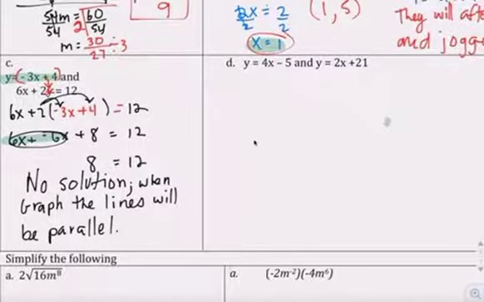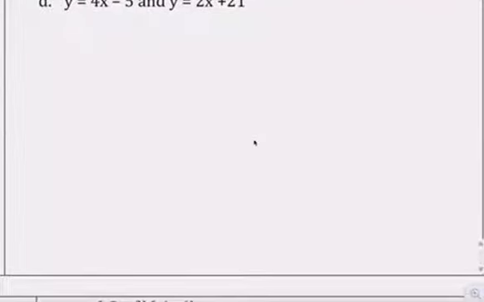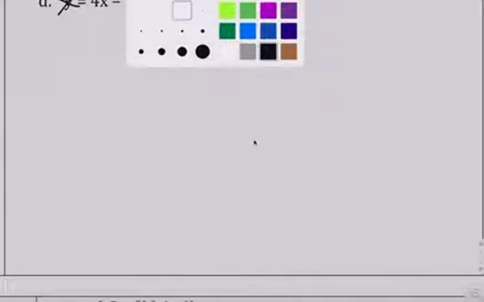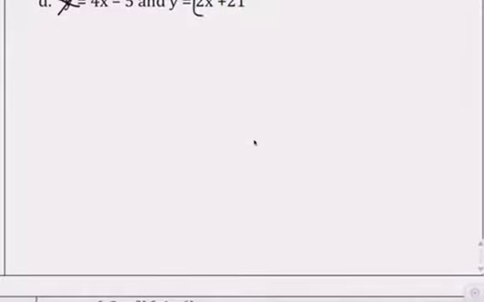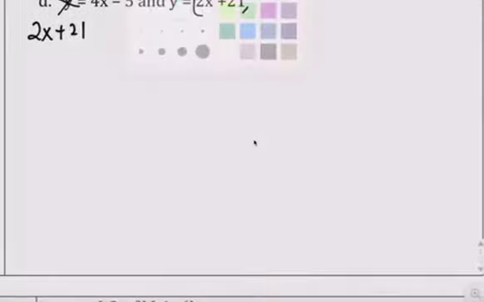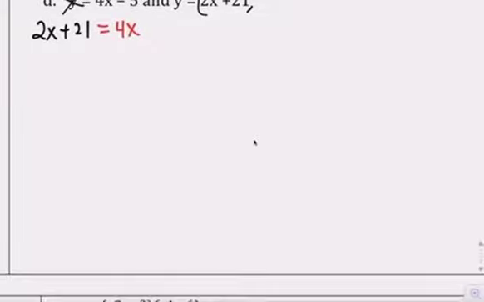So this one here, what would you use? They're both in slope-intercept form, so you use substitution. So you cross out one, and you put the other one in there, 2x plus 21, and that equals 4x minus 5.